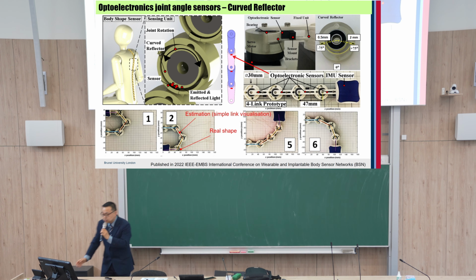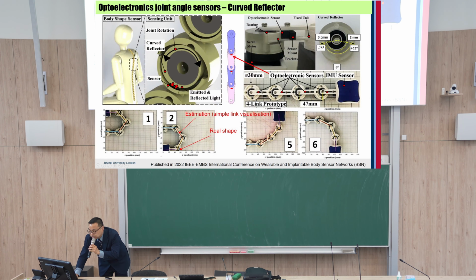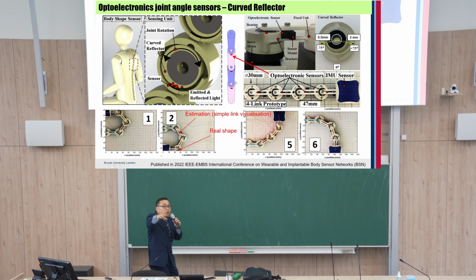So for example, let's consider this is a one-dimensional link, and here we attach the optoelectronic sensor, and here is another link, and we also attach an optoelectronic sensor. Then we really wanted to measure some one-dimensional shape.